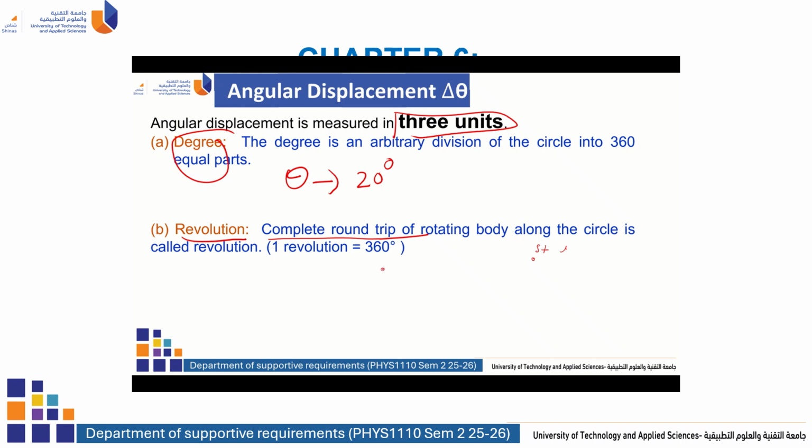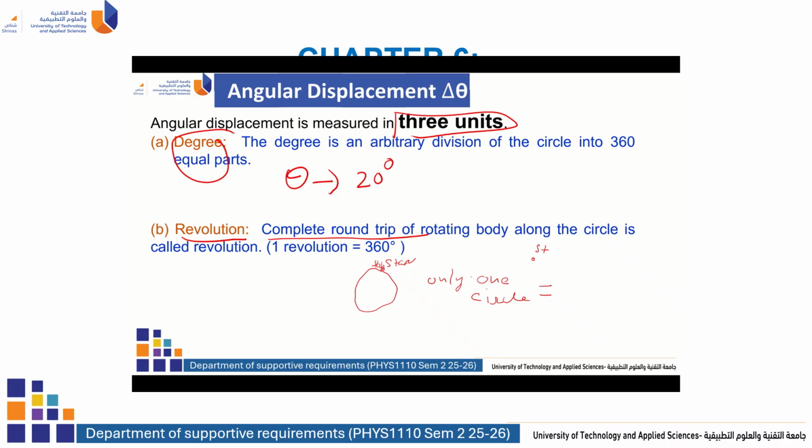So if the body is starting from here, for example this is the start point, and then it makes a circle, moving like this, from here to here, and then coming back like this, so this is the stop, only one circle.